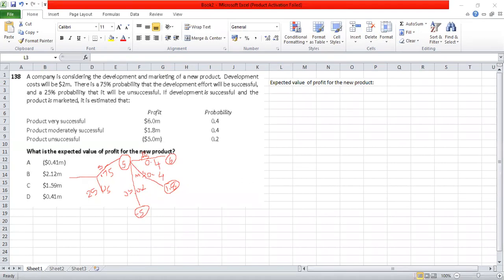There are three different situations: a cash flow of 6 million with 0.4 probability, a cash flow of 1.8 million with the probability of 0.4, and a cash flow of minus 5 million with the probability of 0.2. That has to be taken into consideration.